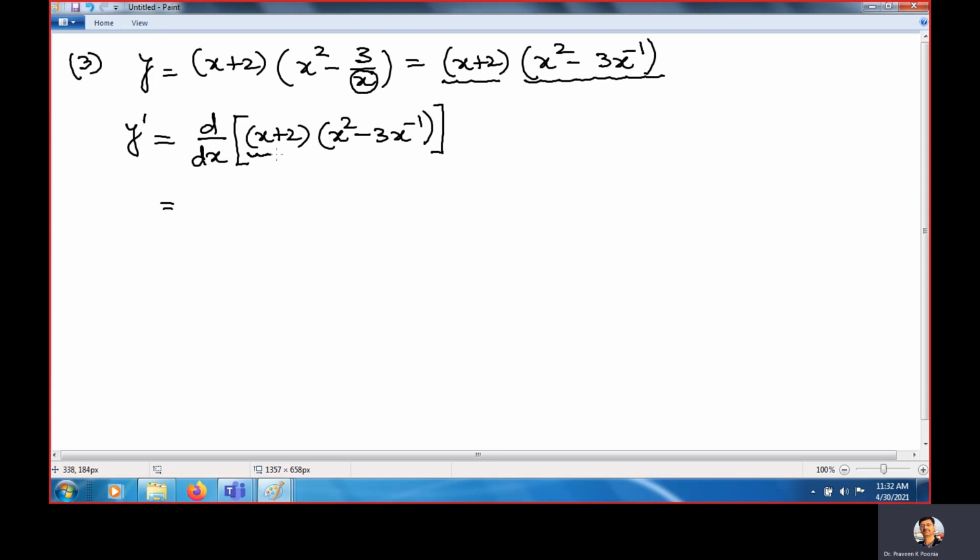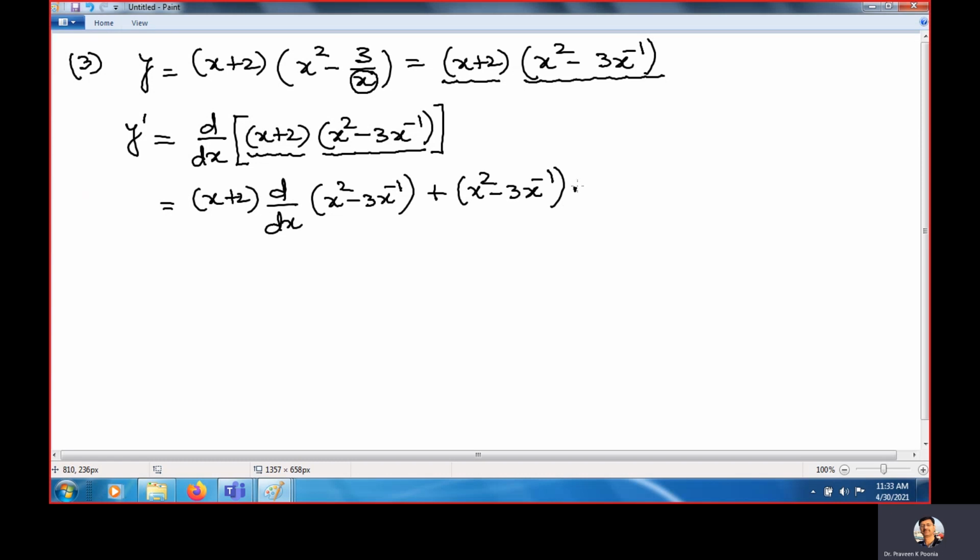Now, first function same to same, and the differential of second, d by dx, differential of another function, plus second function same to same, and differential of first.